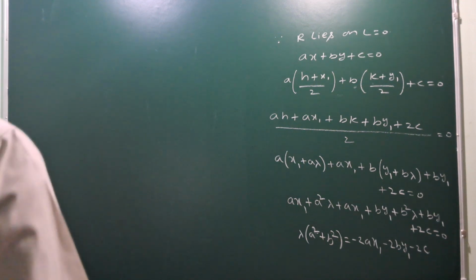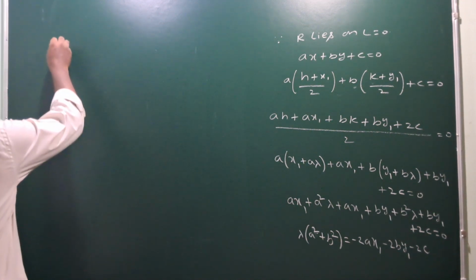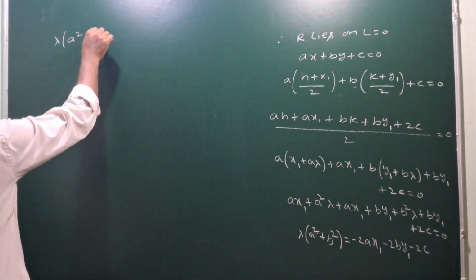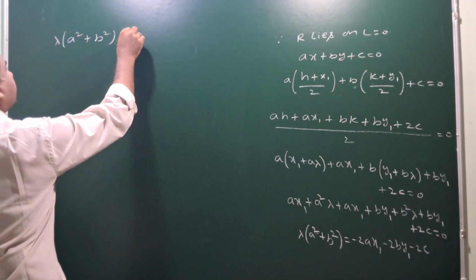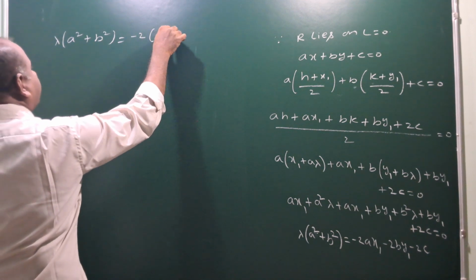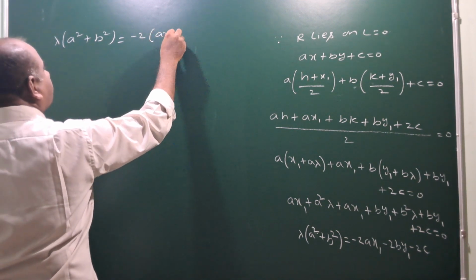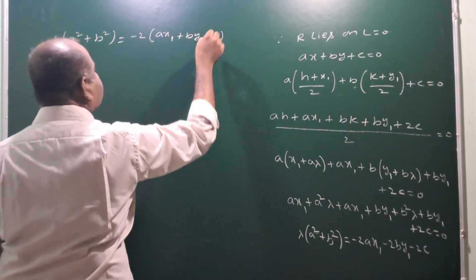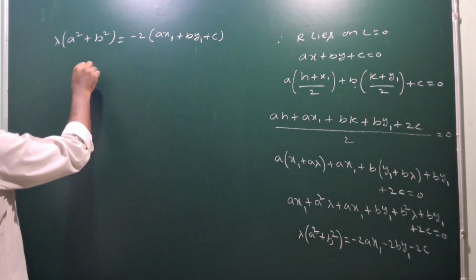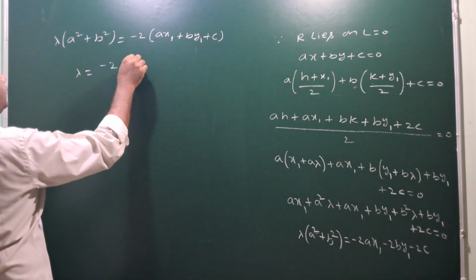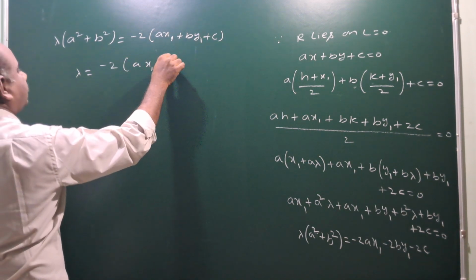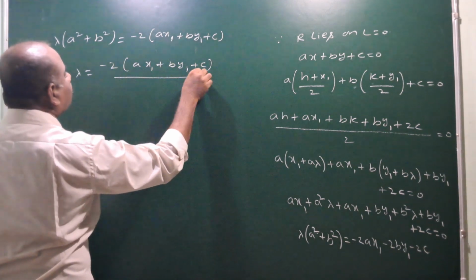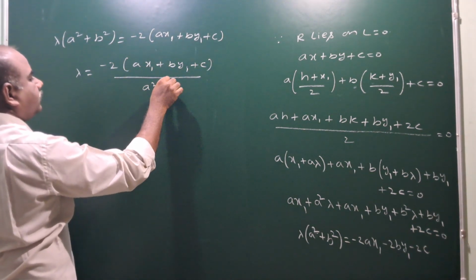Continuation. So take minus 2 as common on right side. We have like this, lambda into (A square plus B square) is equal to minus 2 into (AX1 plus BY1 plus C), and then write the value of lambda like this, minus 2 into (AX1 plus BY1 plus C) by (A square plus B square).